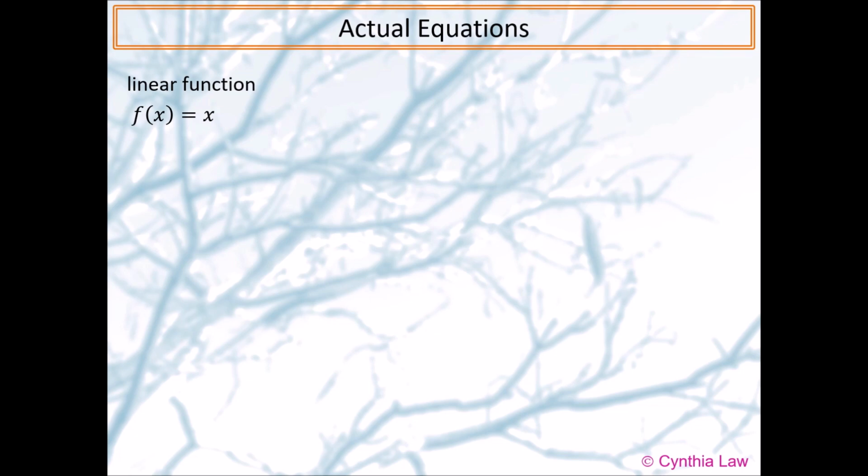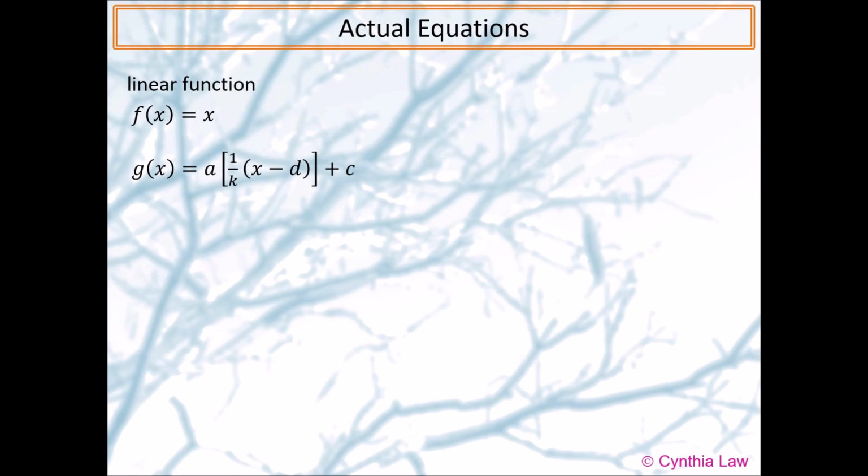Okay, so actual equations. So let's look at what happens with these actual equations when we transform. So for the linear equation, f of x is x. Okay, so that is the form for the function. Now for g of x, the actual equation looks like function notation, but you can see that the f is missing.